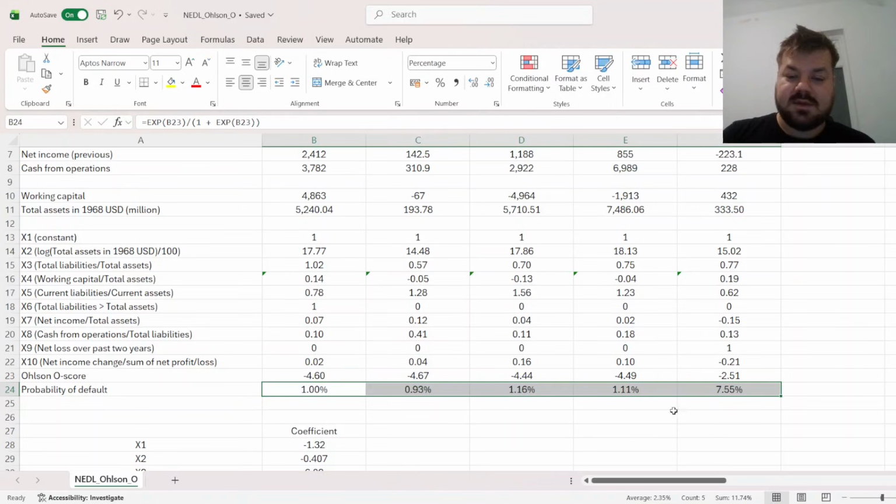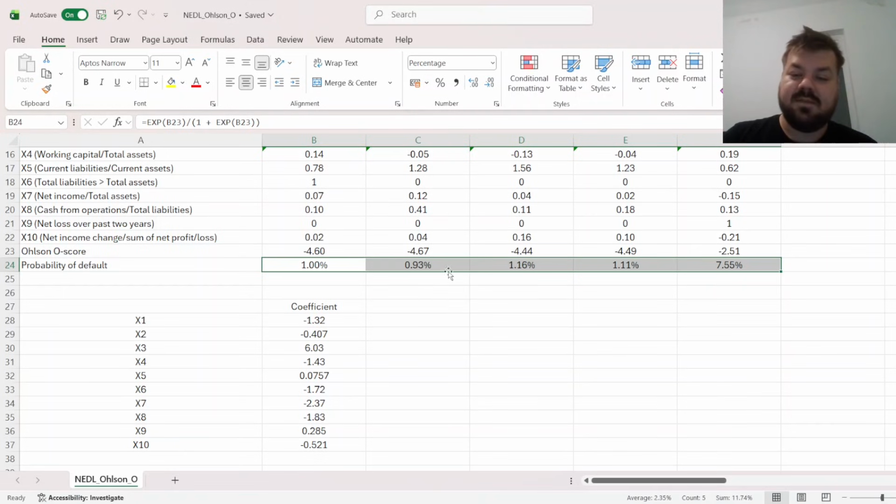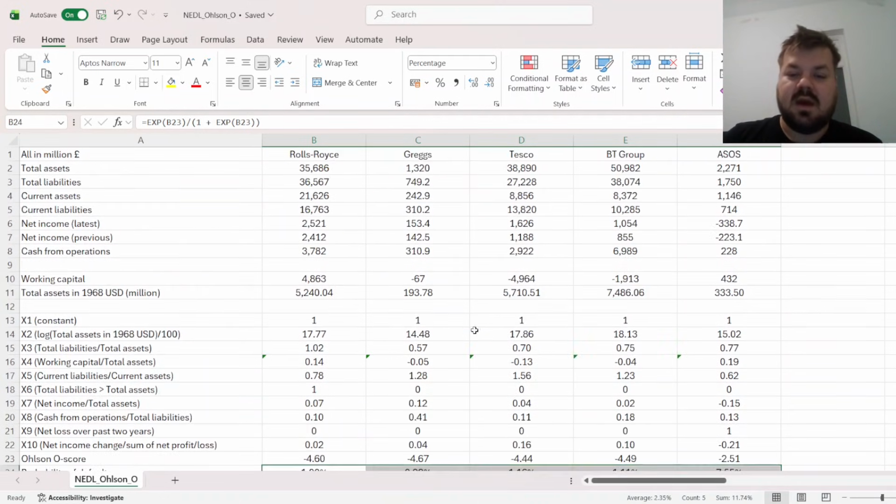If we drag it across, we see what are the probabilities of default for the 5 companies in question. And these are very, very believable from, again, just an eyeball perspective.